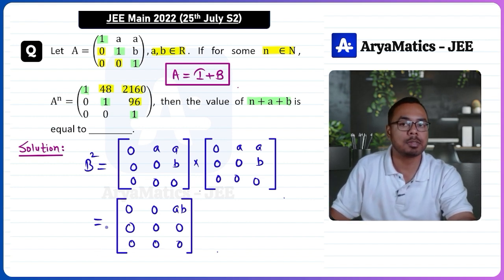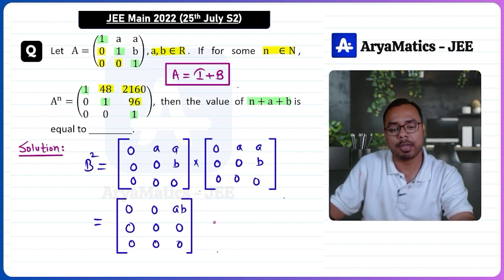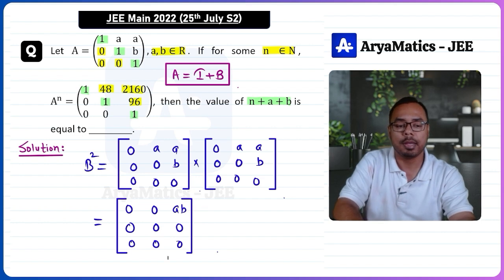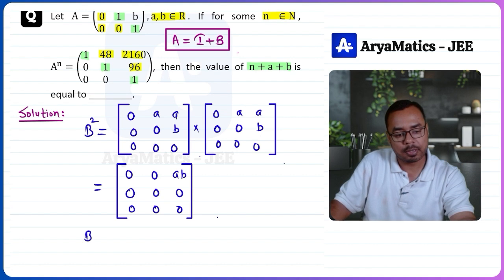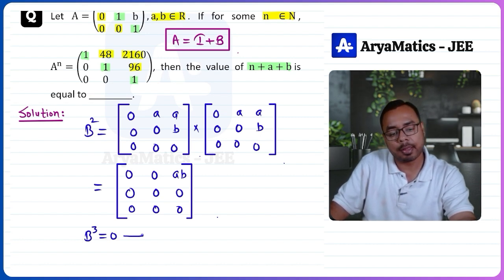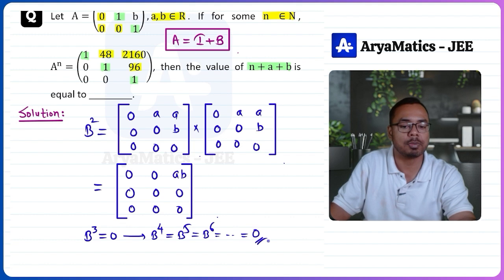So this is our matrix B square, and you can verify on your own that if you calculate B cube, that means B square into B, that will give you the null matrix, right? The moment B cube is the null matrix, any higher power of it, B raised to 4, B raised to 5, B raised to 6, all of these will be null matrices only.